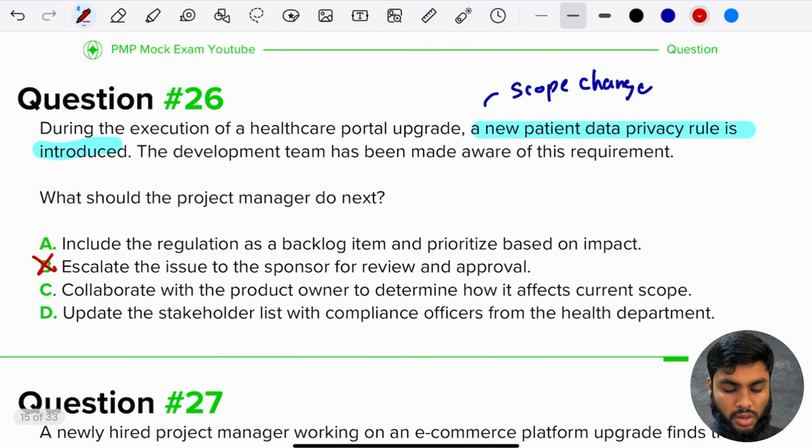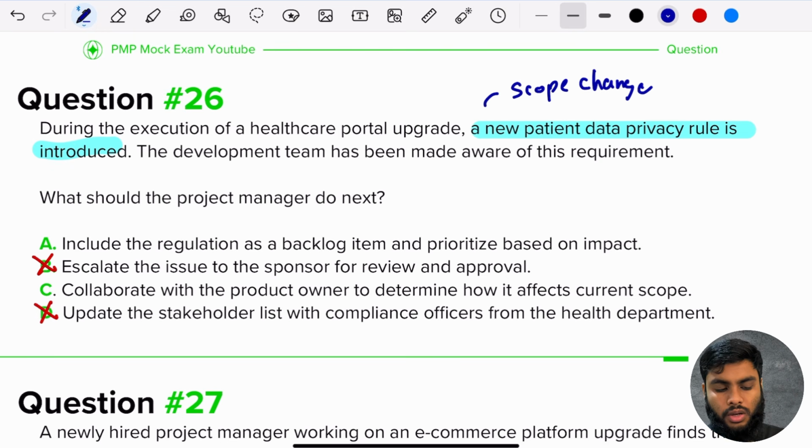Collaborate with the product owner to determine how it affects the current scope. Very interesting. Update the stakeholder list with compliance officers from the health department. Okay, so this is not a stakeholder type of question, right? This is something new has been introduced. So this doesn't solve the core problem. We are left with A and C.